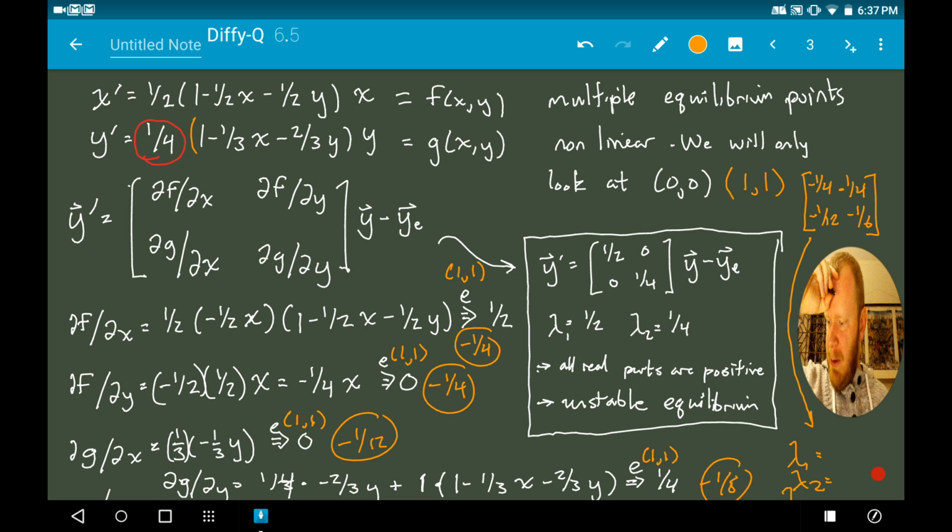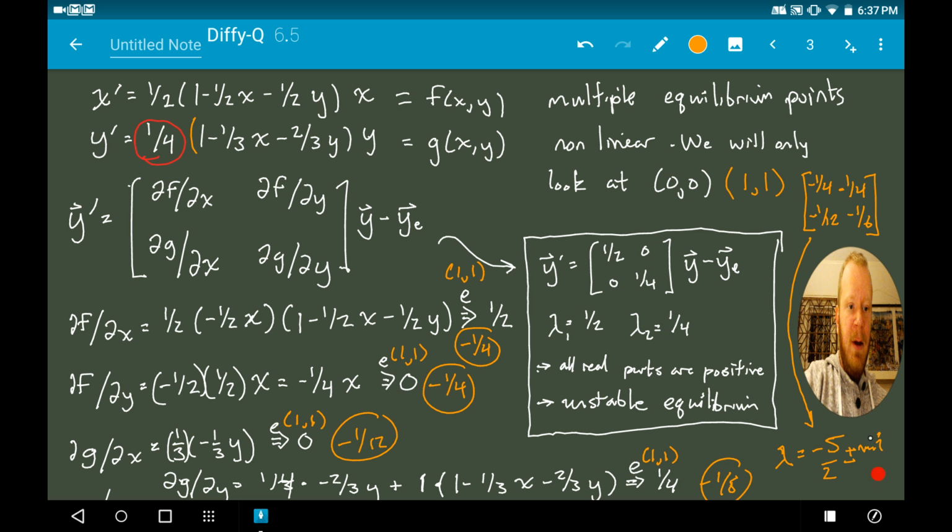First eigenvalue is going to be, well, it's going to be a conjugate pair. So this is negative 5/24 plus or minus something i, right? So the eigenvalues here, I'll just write this a little cleaner. It's got some imaginary part here.